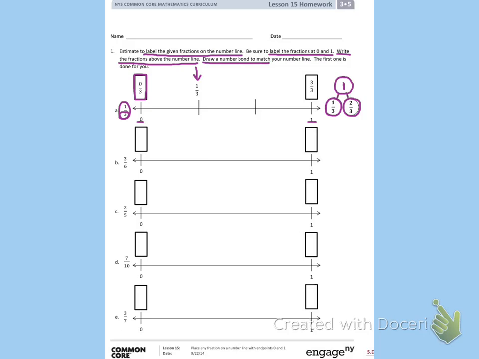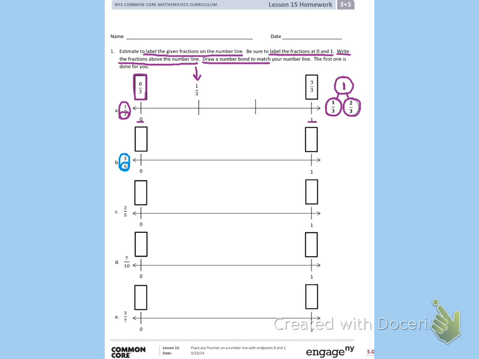Now let's go ahead and look at item 1B. The given fraction is 3/6. This means we need to figure out how to divide this number line into 6 equal portions, since there's a 6 on the bottom of the fraction 3/6.